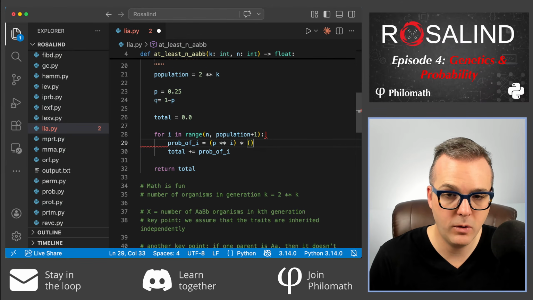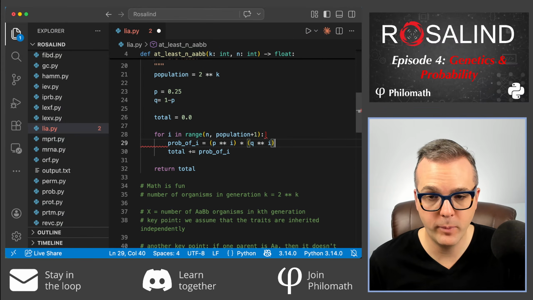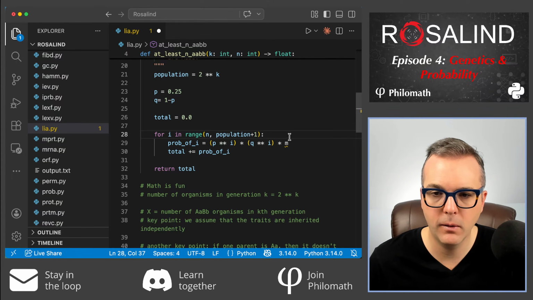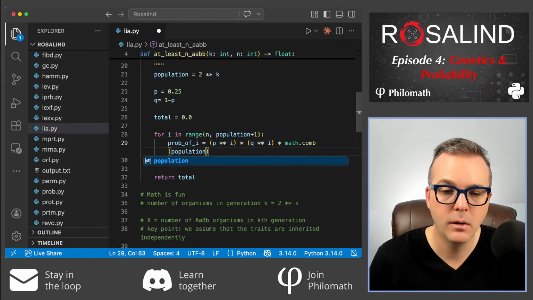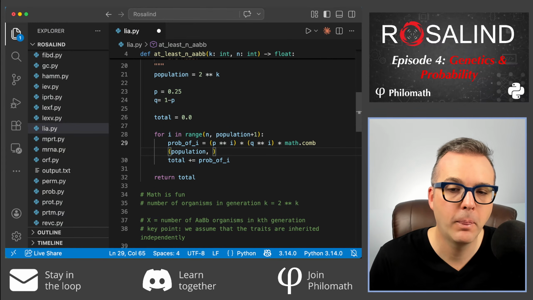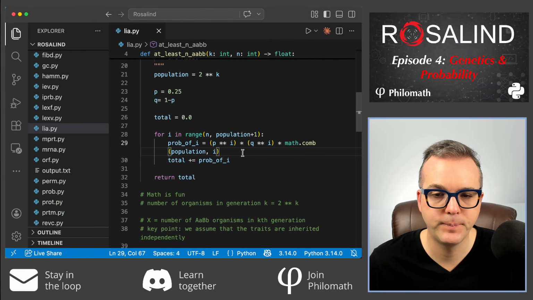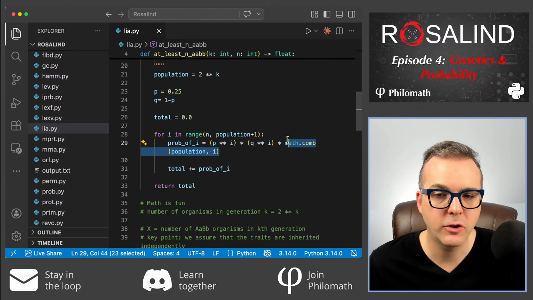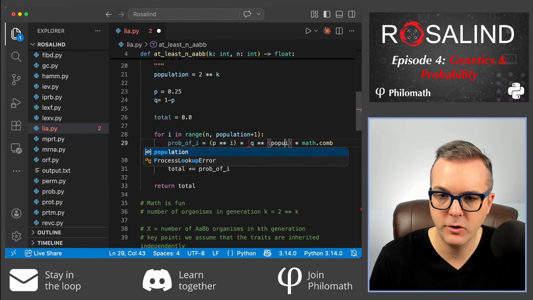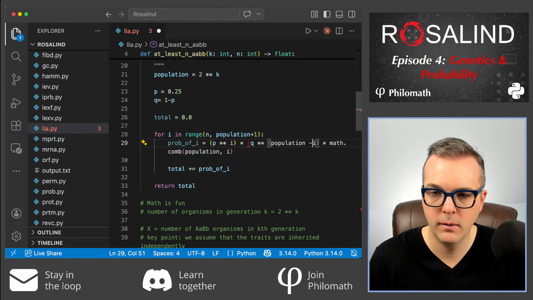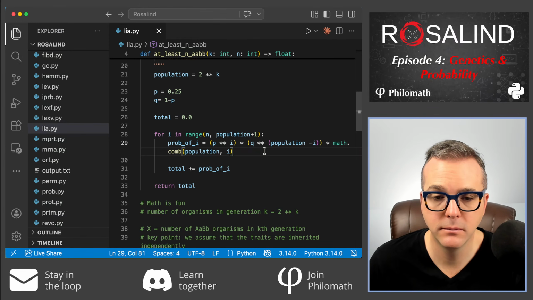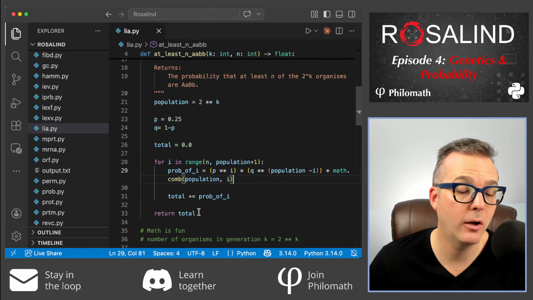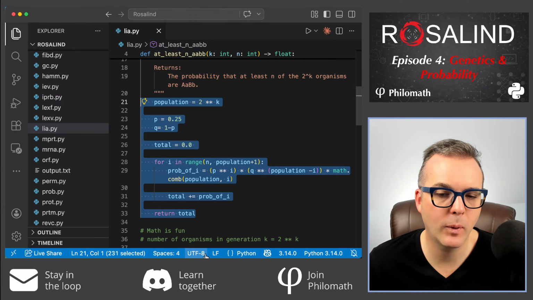We multiply that times math.comb, which is the number of ways, from a population having that particular size, we can pick i elements to form a set. That just comes from the math package, and we multiply it by p to the i, and we multiply it by q to the population minus i. Hopefully that's right. The good news is, again, the math was long and hard, but the code itself is quite short.